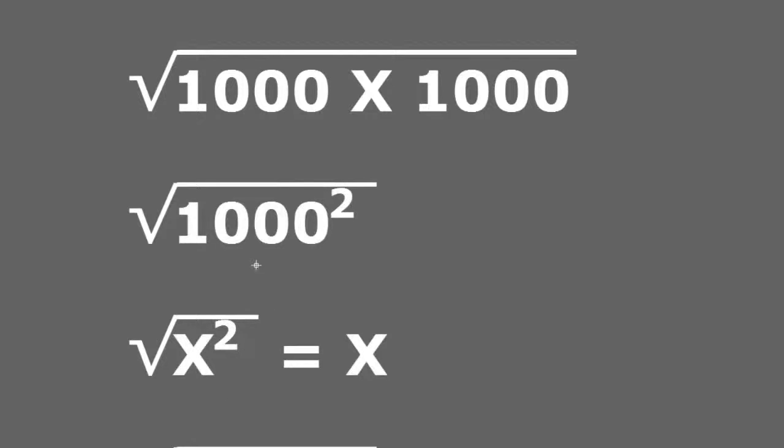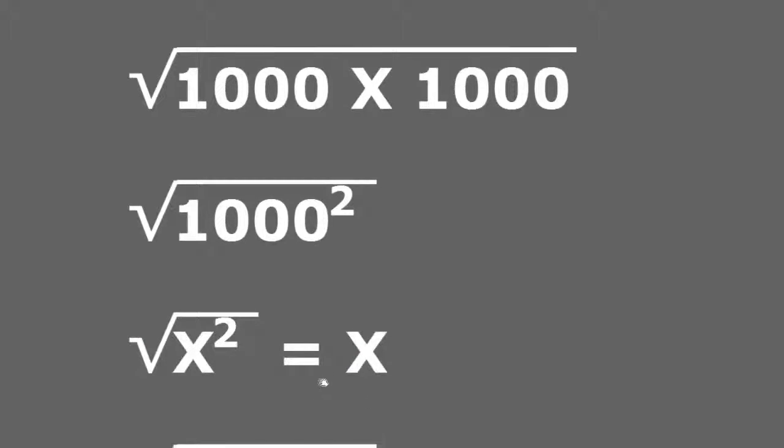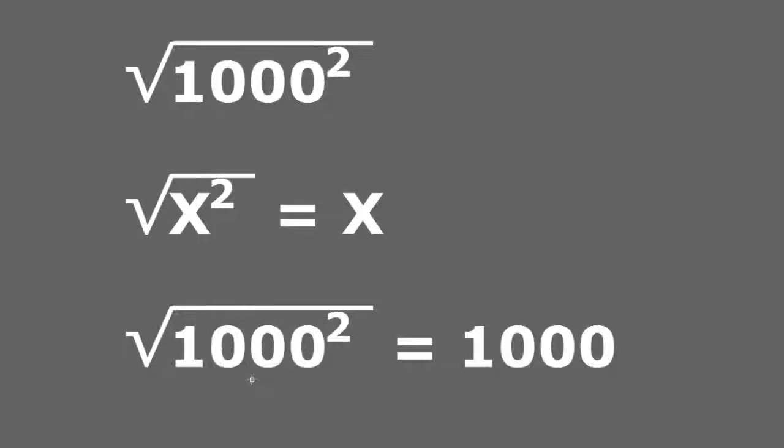If I have a number or a variable with an exponent that is the same number as the grade of the root, that simply equals that number or that variable. Example, the square root of x squared simply equals x, and the square root of 1,000 squared simply equals 1,000.